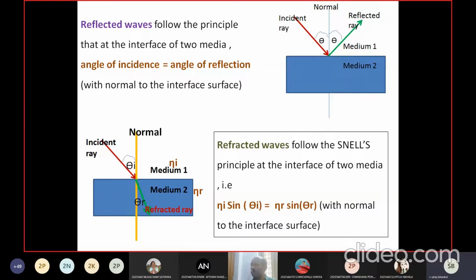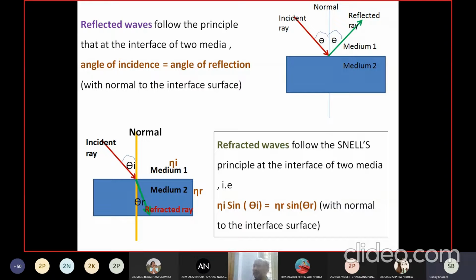So what does Snell's law say? nu1 sin theta 1 is equal to nu2 sin theta 2, or nu I sin theta I is equal to nu R sin theta R. What are nu1 and nu2, or nu I and nu R? These are the refractive index values of the two media between which refraction is considered.